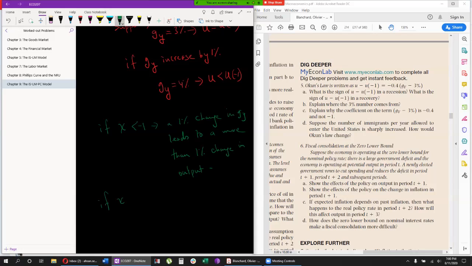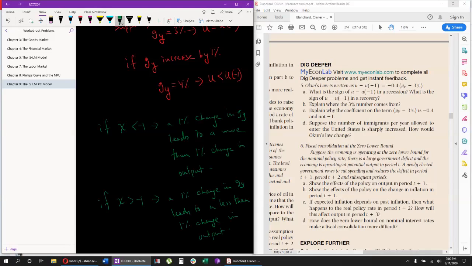If x is greater than -1, so in this case, for example, it's -0.4, then a 1% change in growth of output leads to less than a 1% change.